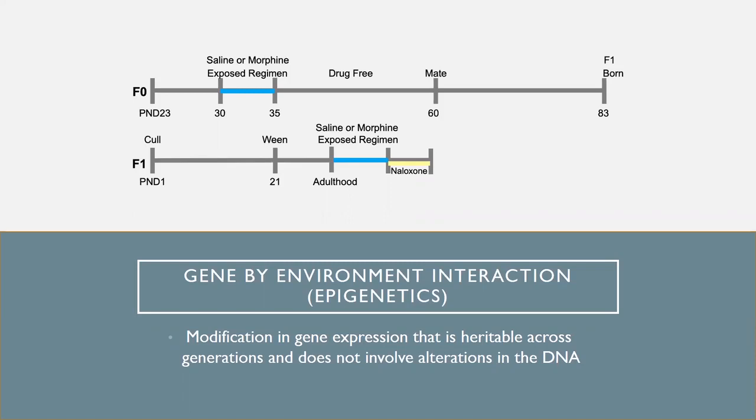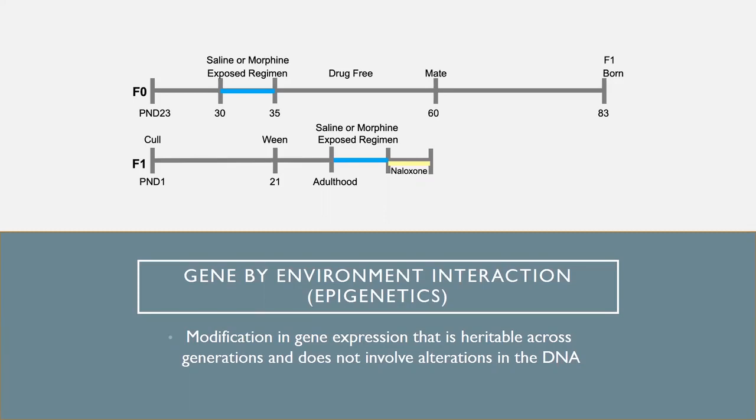And the reason we have our study set up like this is because we're looking at gene by environment interaction in a transgenerational study. Gene by environment interaction is another way of talking about epigenetics. For a long time, people believed that the only way traits could be passed down in the genome was natural selection or mutations.